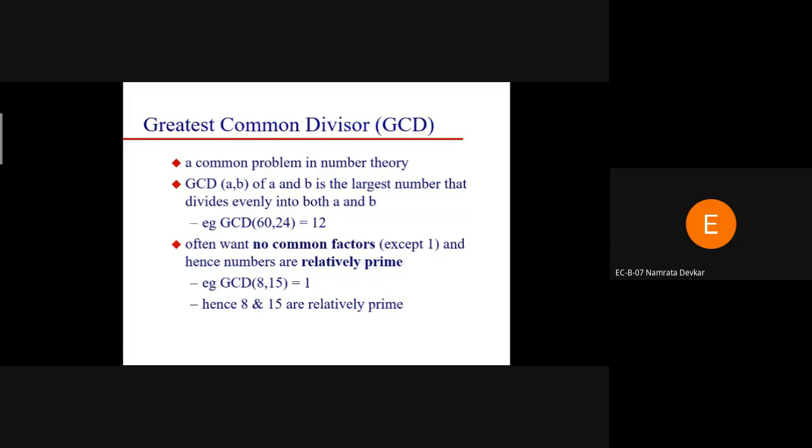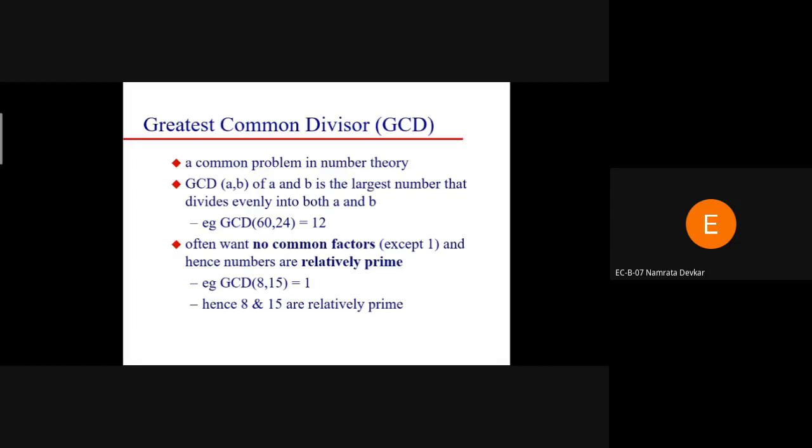So these are the two cases to find the greatest common divisor.